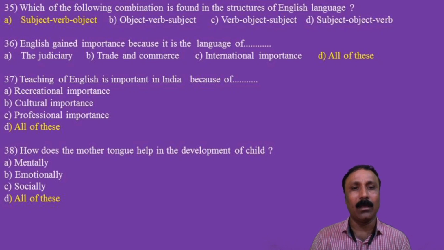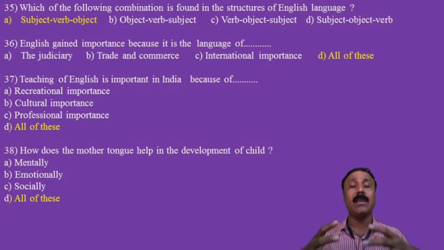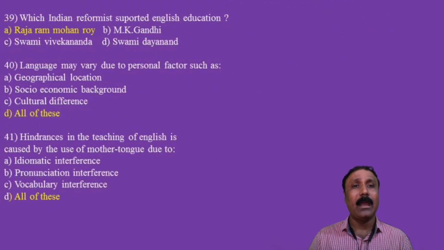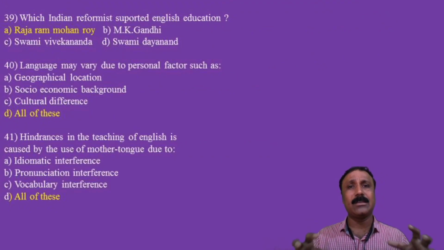This is how the mother tongue gives a very strong foundation to the child to learn many things in a very systematic way and very thoroughly. And there won't be any struggle to learn and to do something in the mother tongue. Okay. And which Indian reformist supported English education?